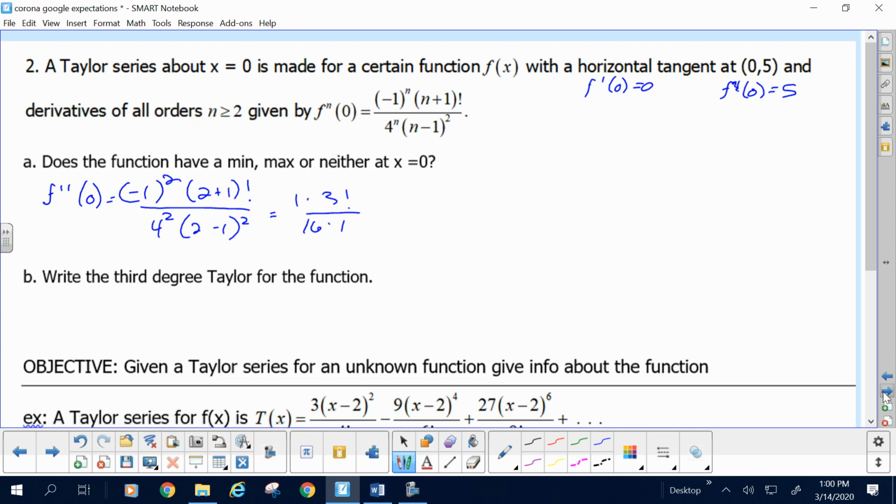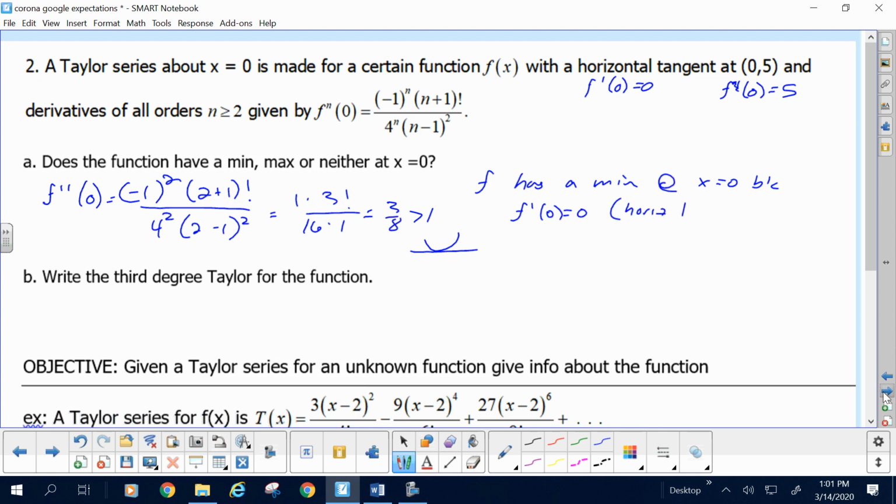So 6/16 or 3/8 is greater than 0. So I conclude that I have flat with concave up, so I'm going to have a min. F has a min at x equals 0 because the first derivative is 0.